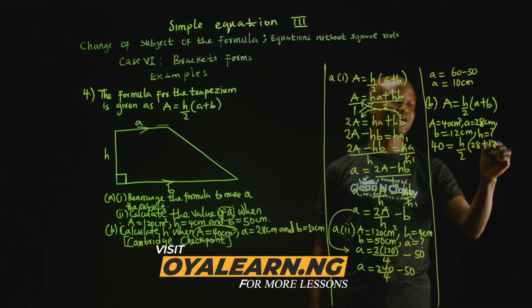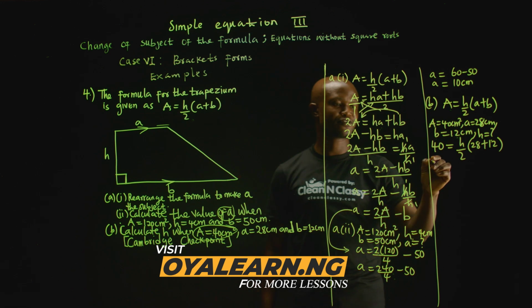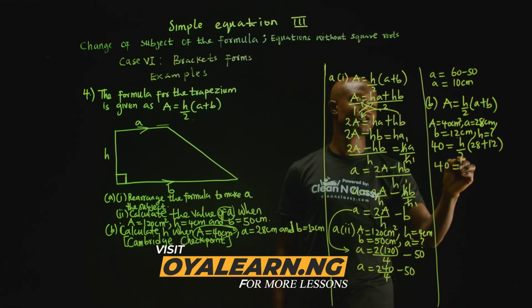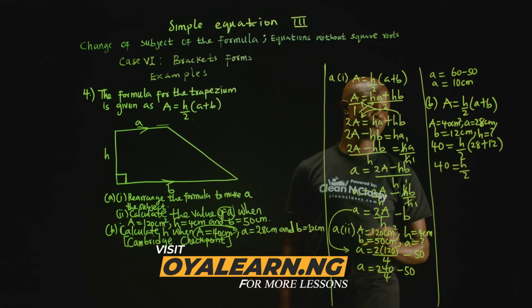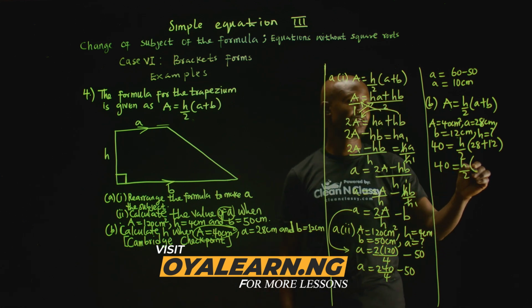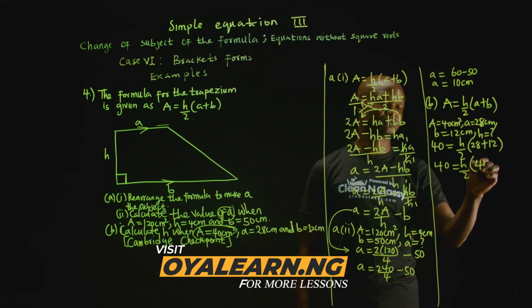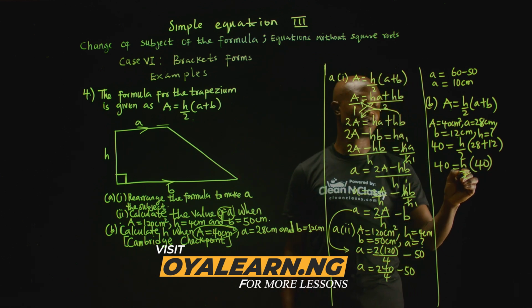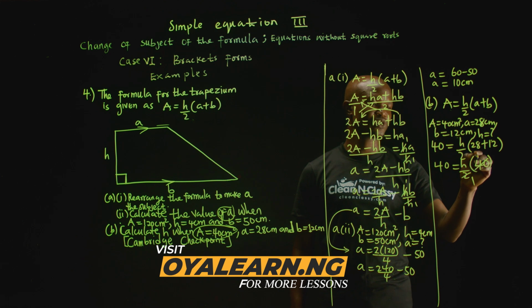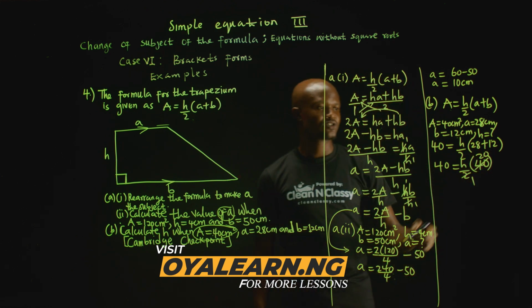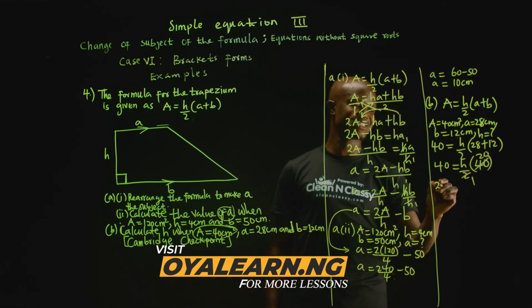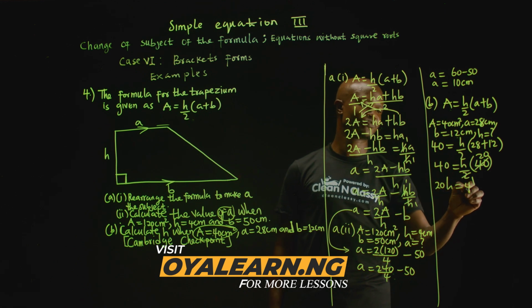So we substitute 12. Then we have 40 equals h divided by 2 into 28 plus 12. What is that? That is 40. So we have here 2, here 1. 2 in 40 we have 20. So 20 times h, that is 20h equals 40.